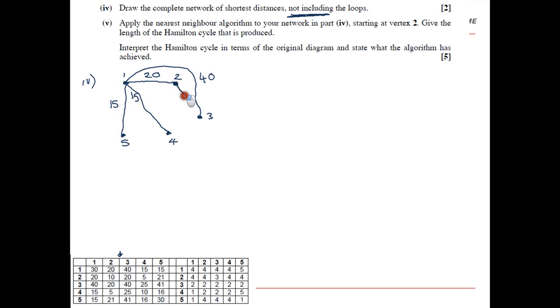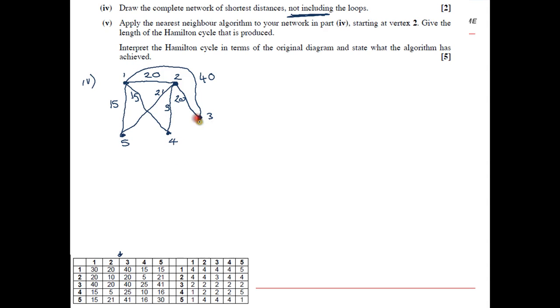2 to 3 that needs to be filled in, that length is 20. 2 to 4 down here, and that length is going to be 21. Is it? I'm lying. That length is going to be 5. I read the wrong thing. And 2 to 5 over here, and that's 21.